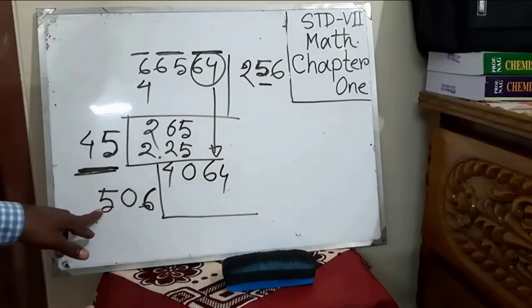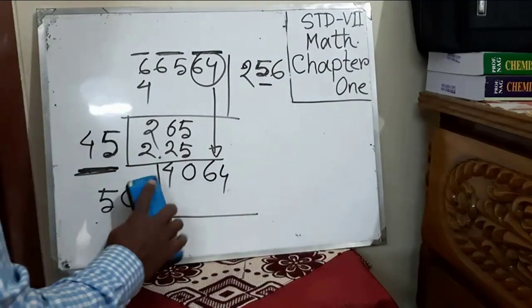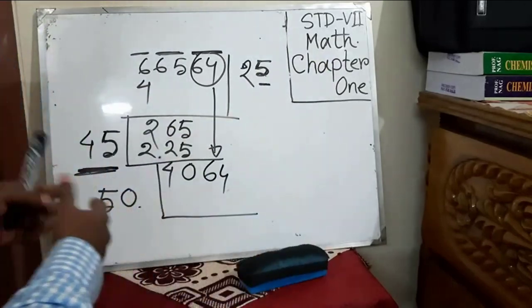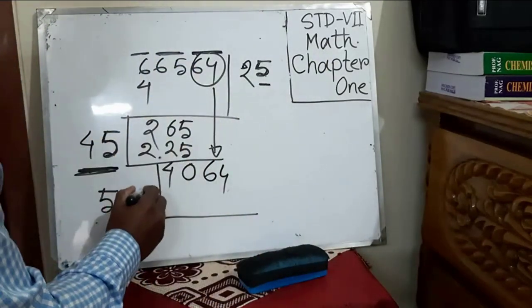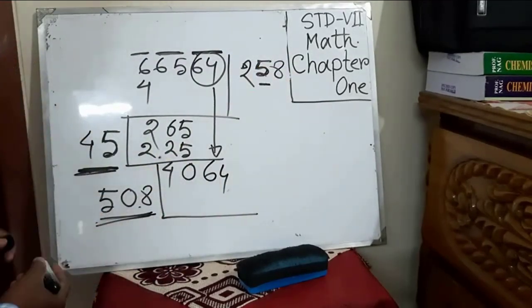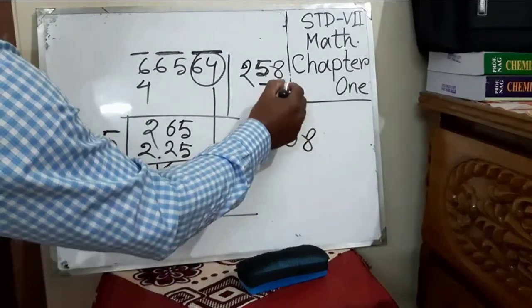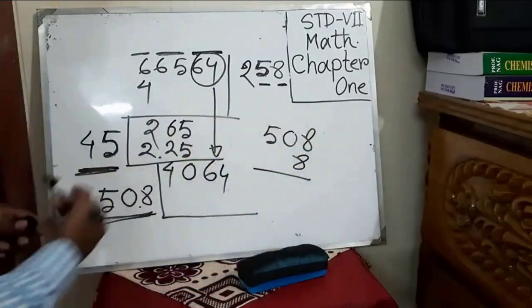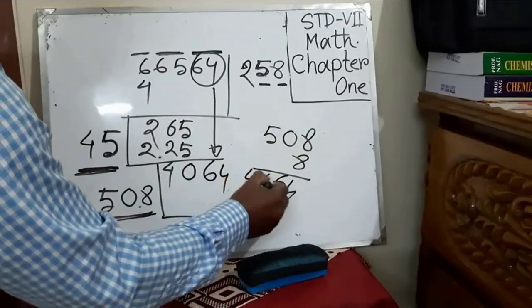So we think it will not be the perfect digit. So you'll check one by one: 4, 5, 6, 7, 8. If I write 8 here, what's the number? 508. And what's the last one? Now we have just put 8. Then you will multiply 8 8s are 64 and 5 8s are 40.